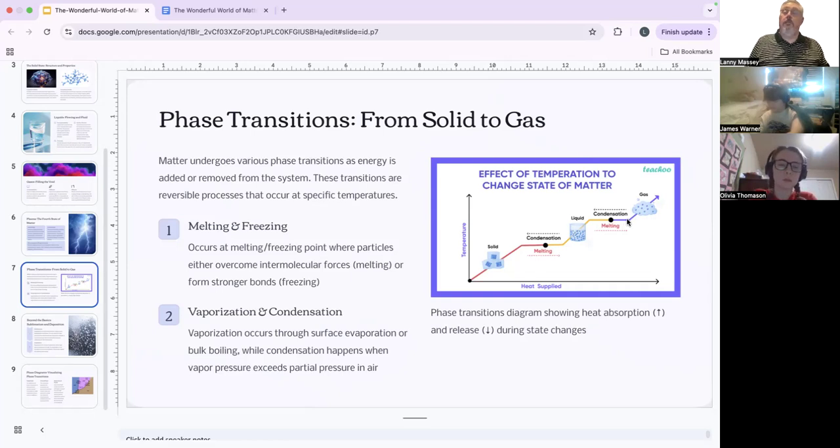And then once all the water is gas, the gas will heat up again and its temperature will begin to rise in the form of steam. Conversely, we can cool gas down and it will condense, aka condensation, and that's changing a gas back into a liquid.